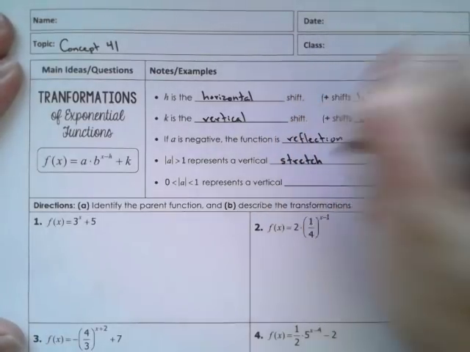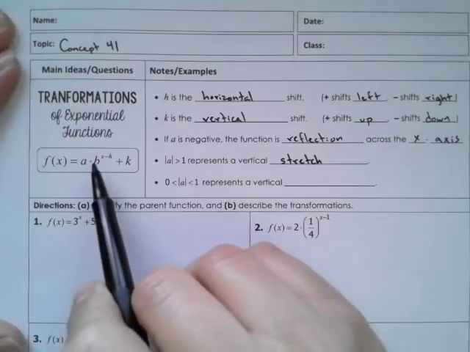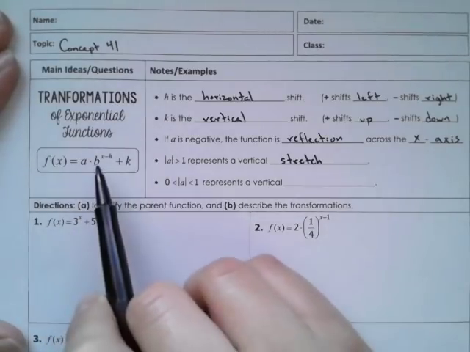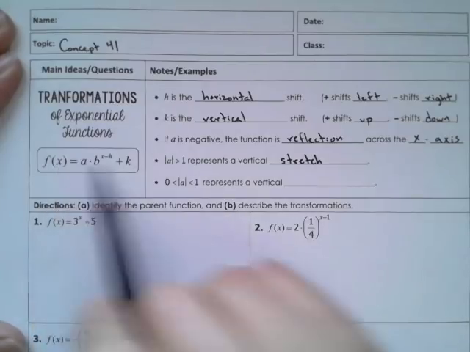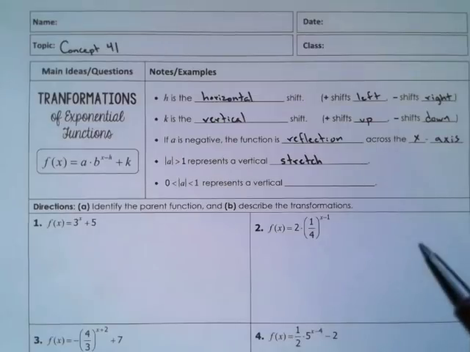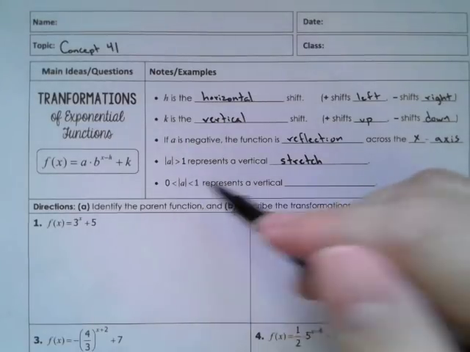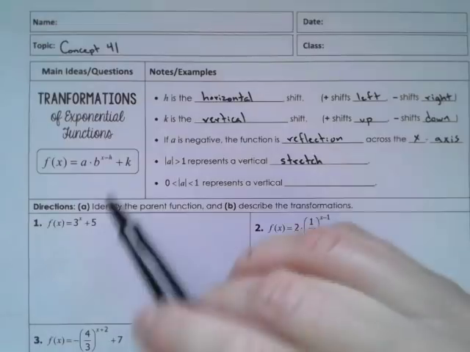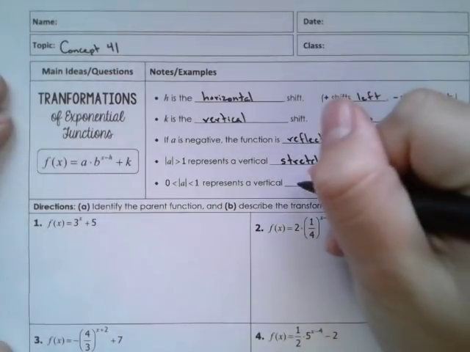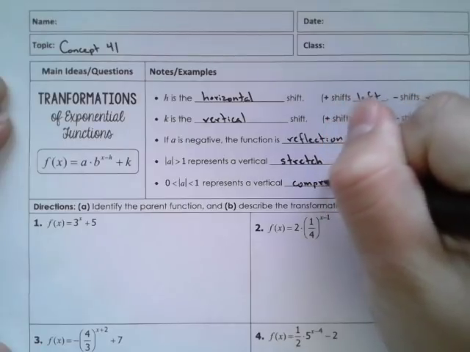And again, the way to think of this is for each value you plug in and evaluate, if a is bigger than 1, then you get a bigger value, so it's a stretch. In other words, you get a bigger value there. If the absolute value of a is less than 1, for whatever you evaluate here, this is going to make it smaller, so it's a vertical compression.